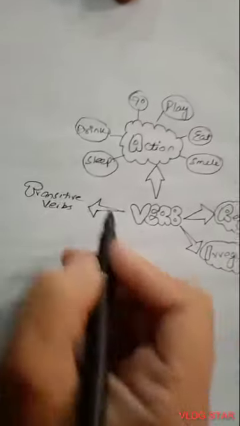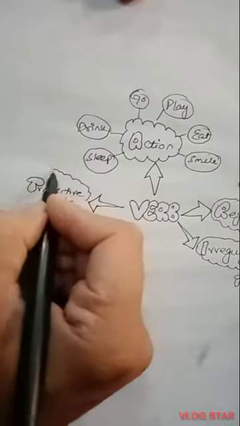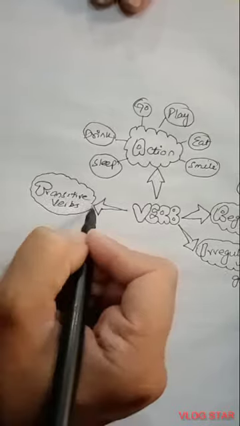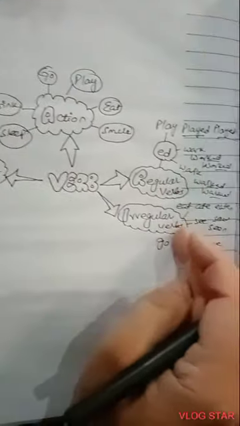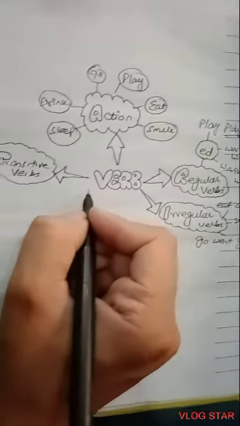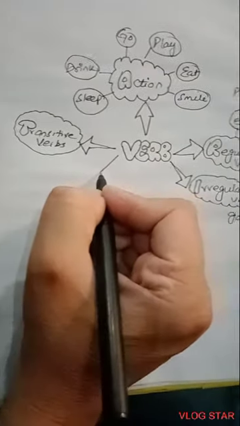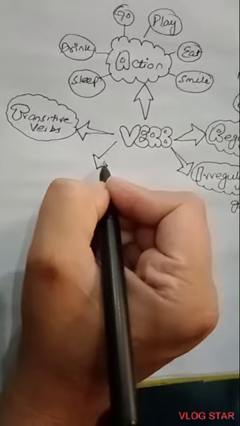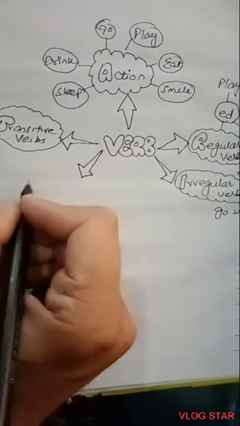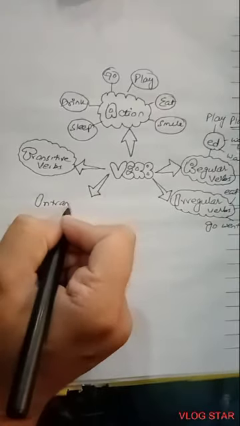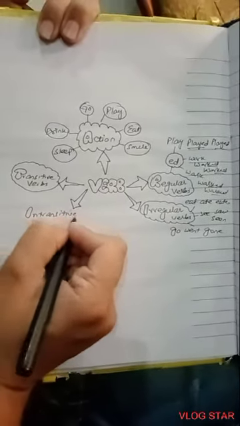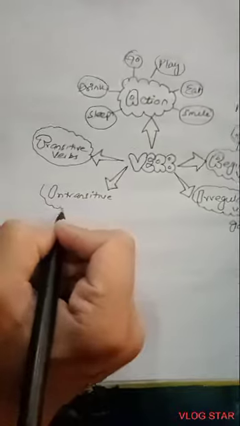So my dear students, what are transitive verbs? As I taught you about regular and irregular verbs, similarly you can better understand transitive verbs if we compare them with another category of verbs that are intransitive verbs.